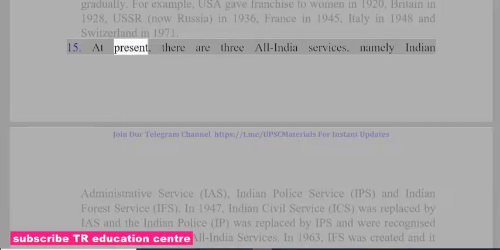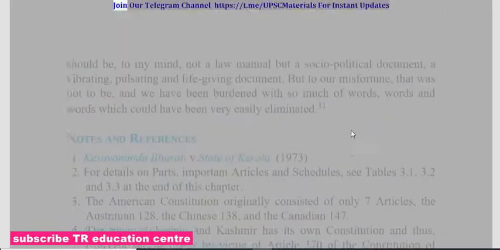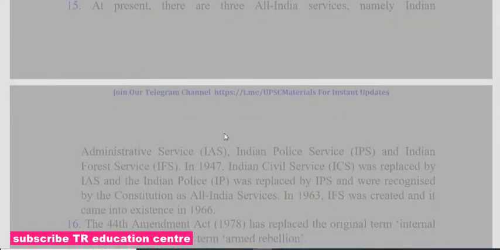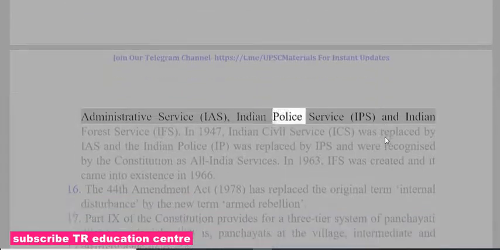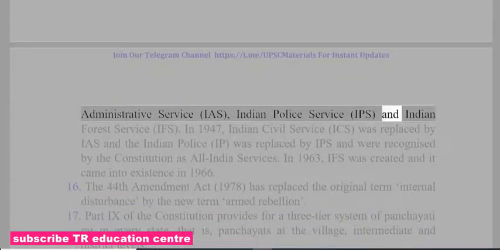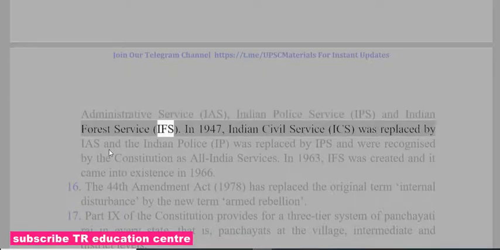15. At present, there are 3 All India services, namely Indian Administrative Service, IAS, Indian Police Service, IPS, and Indian Forest Service, IFS.